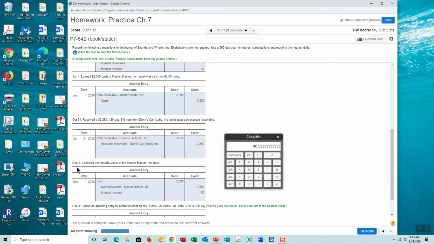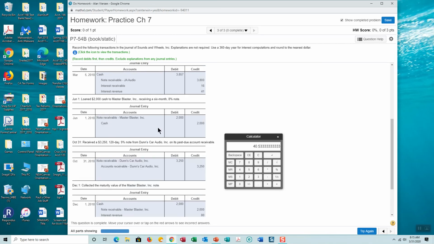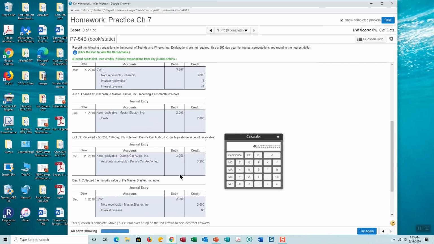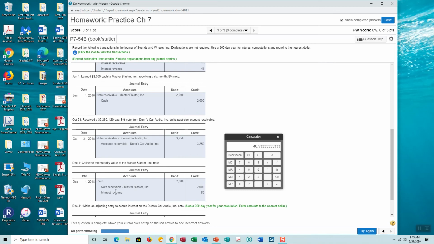Then we come to December 1st, where we collect the maturity value of the note. That's this $2,000 one. Because this is within one period, we don't have to go through all of that other calculation.